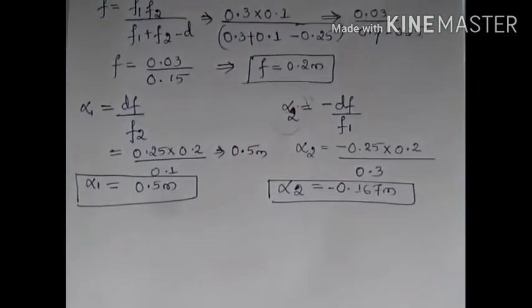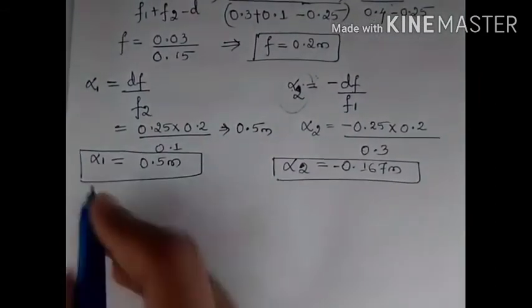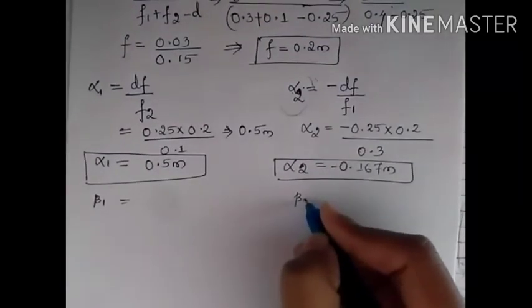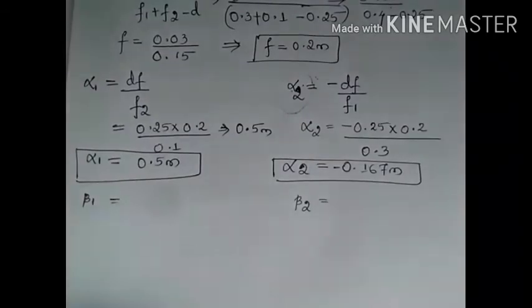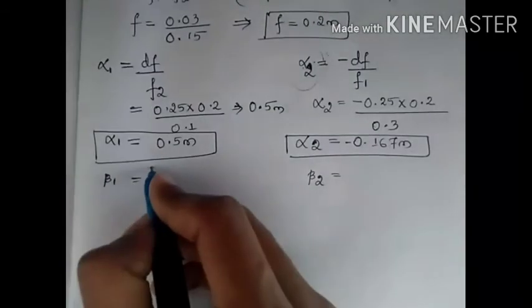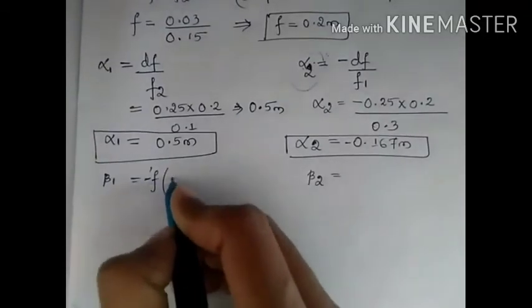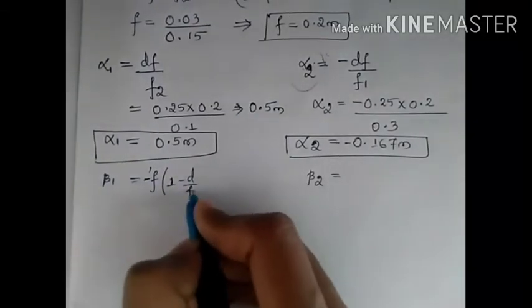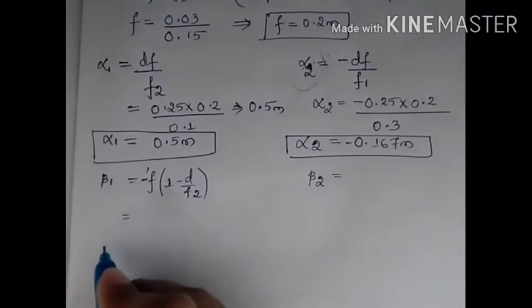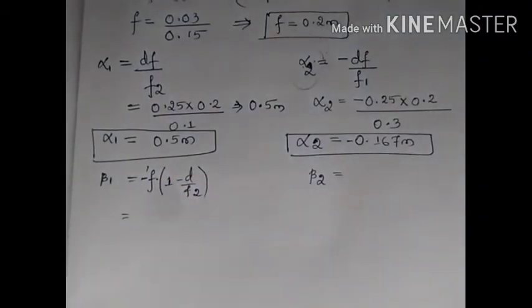So now let us find beta 1 and beta 2. The formula for beta 1 is minus f times 1 minus d by f2. So substitute the values of f, d and f2.